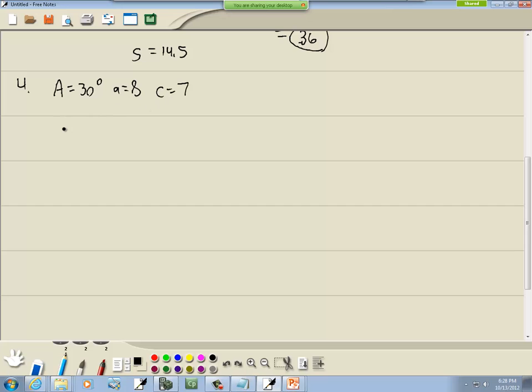Well, what we can do is solve the triangle to find some of the missing information. If I use the law of sines, we have a pair of items.